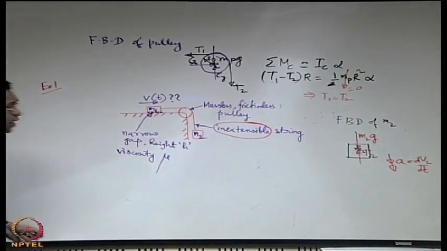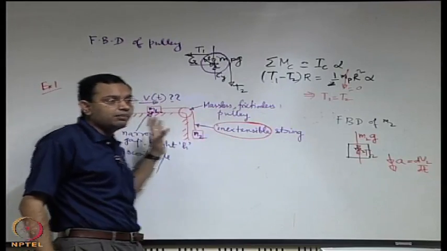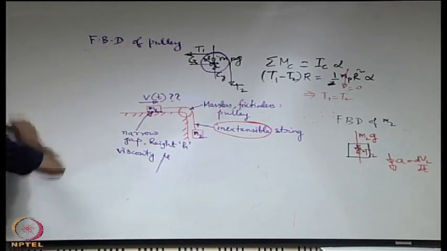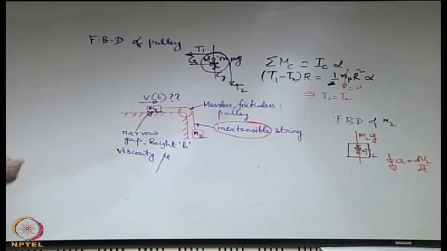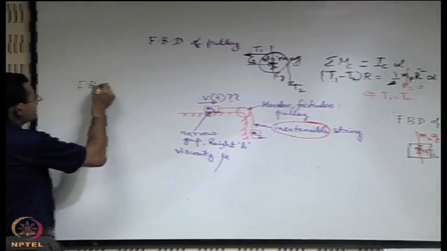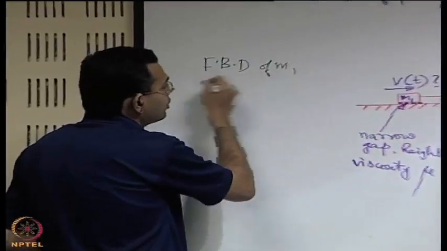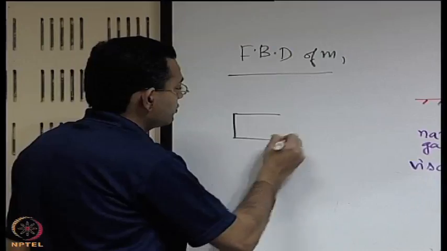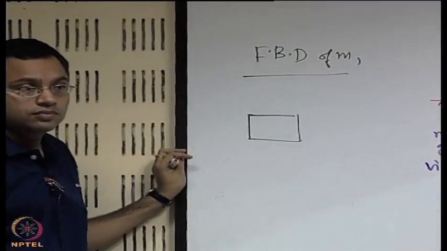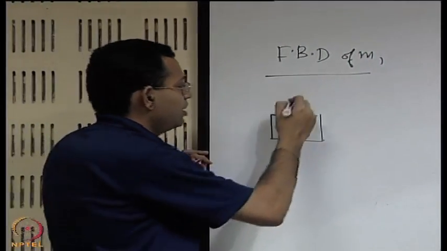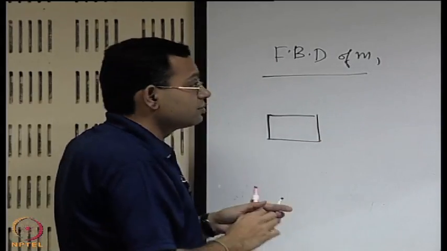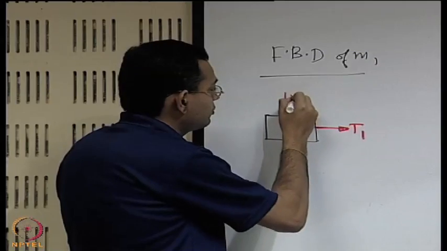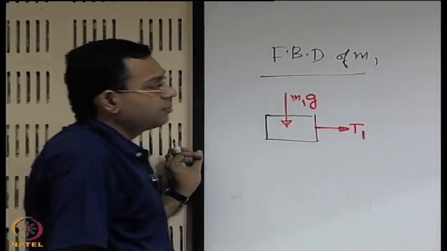Let us draw the free body diagram of M1, which is the important matter so far as the understanding of viscosity goes. So if we draw the free body diagram of M1, you tell what forces are acting on M1. Yes, one is T1, there is some normal reaction.